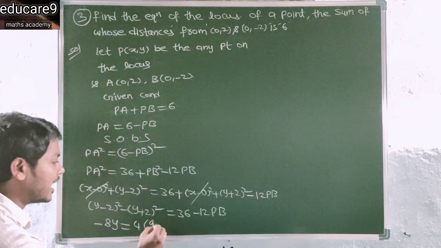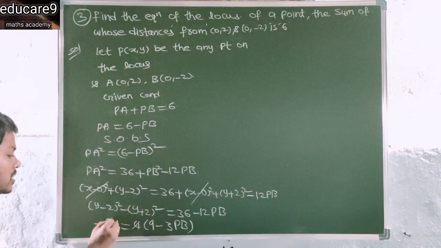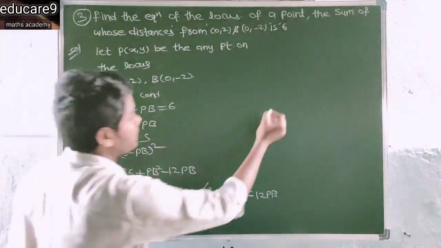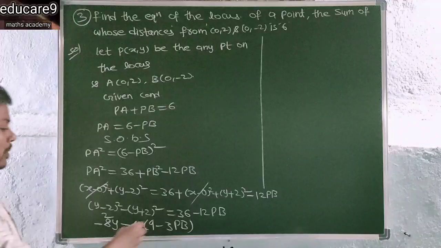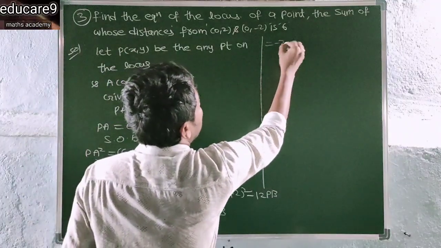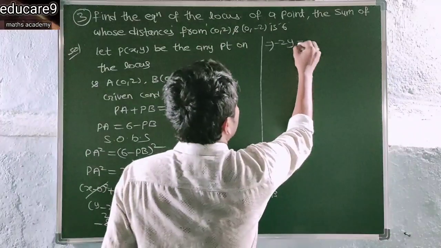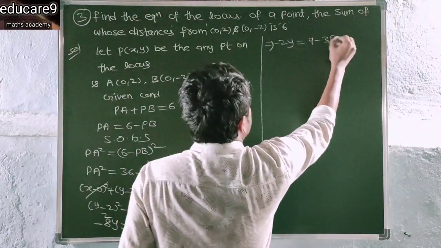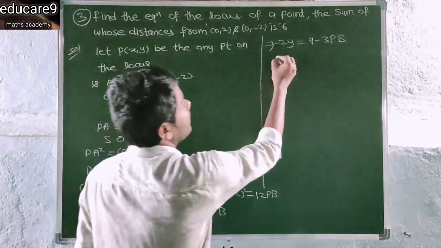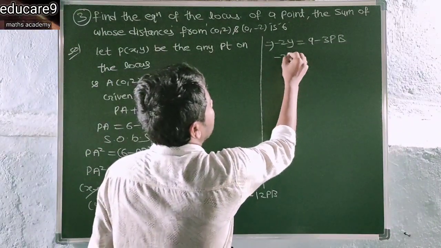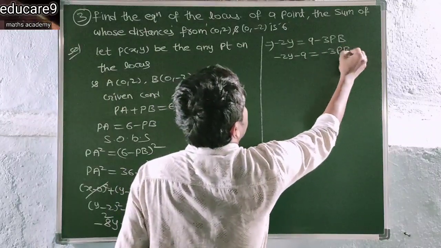You will get 9 minus 3 PB. So 4 ones are 4, 4 twos are 8. So clearly this is minus 2y, that is equal to 9 minus 3 PB. Now this is minus 2y minus 9 is equal to minus 3 PB.